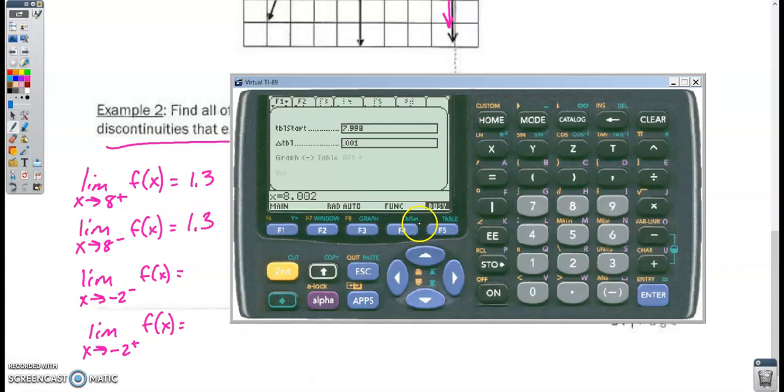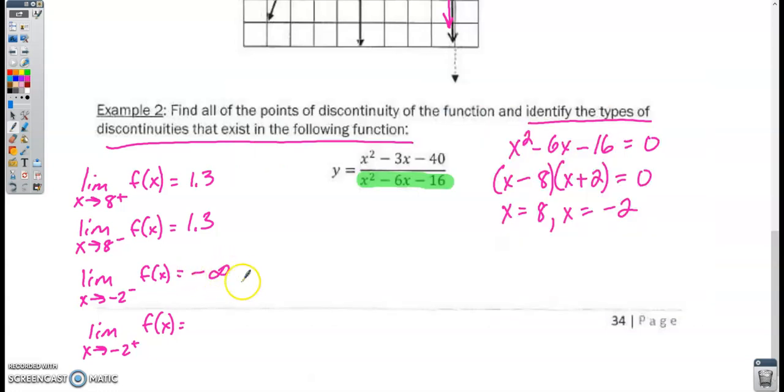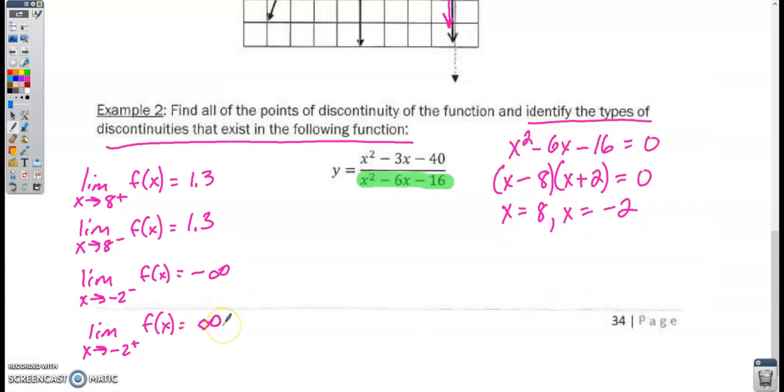And then I'm going to find the limit as x approaches negative 2. As it approaches from the left, the function approaches negative infinity. And as it approaches from the right, the function approaches positive infinity. So all this information tells me everything I need to know about the discontinuities in this function.